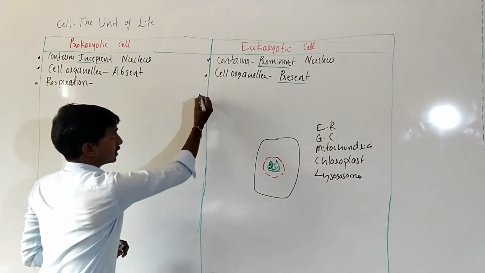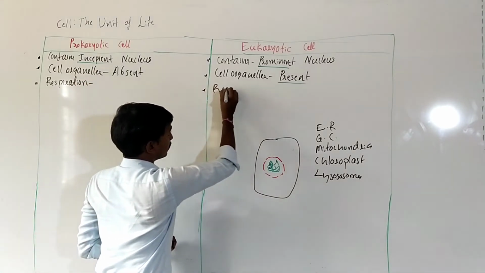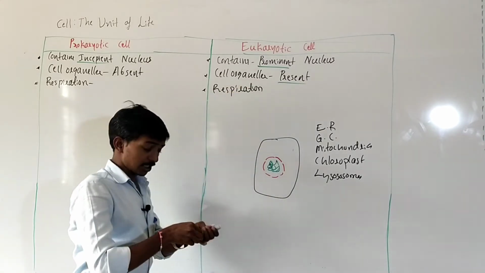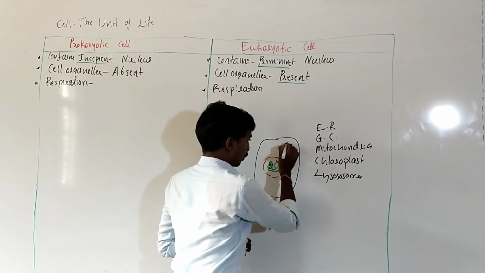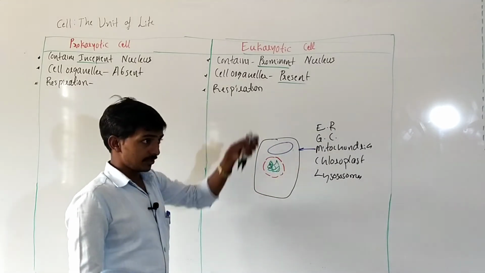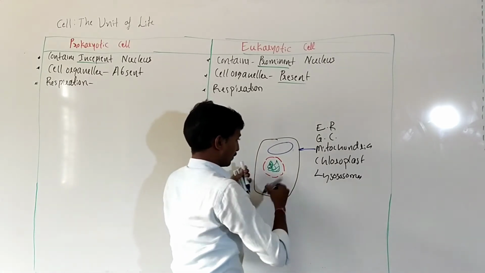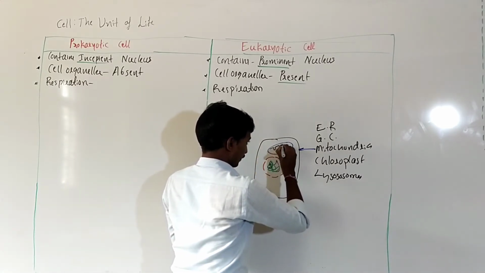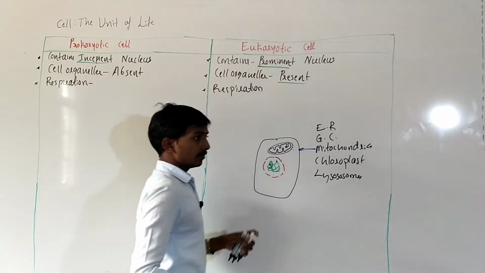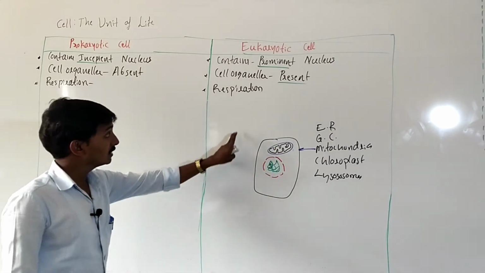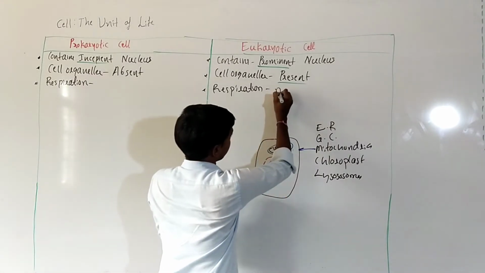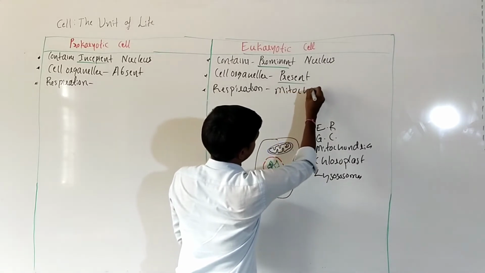In the eukaryotic cell, respiration is performed by mitochondria. Then what about the prokaryotic cell?